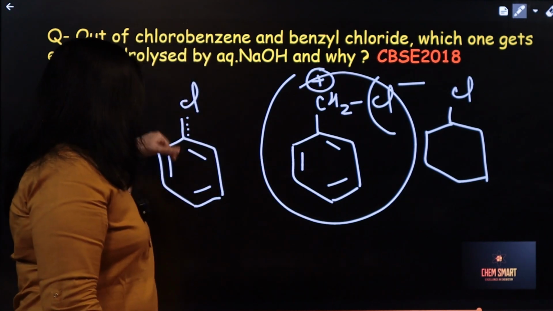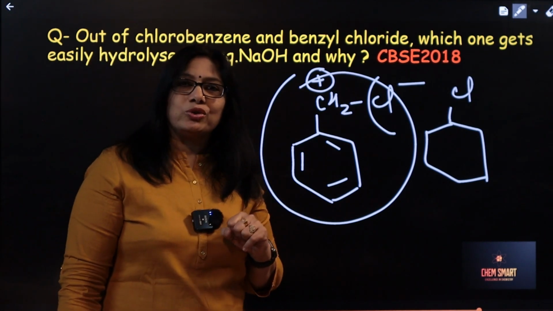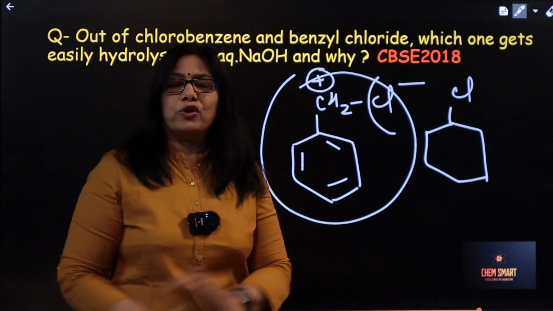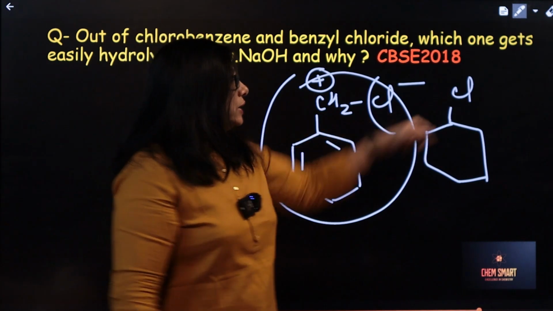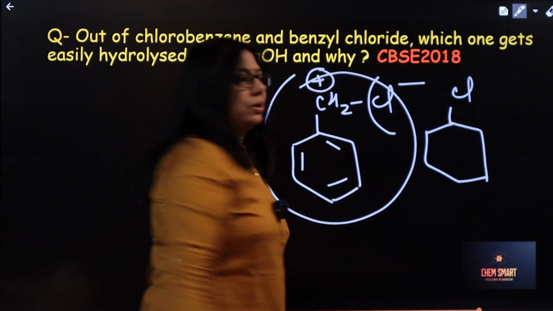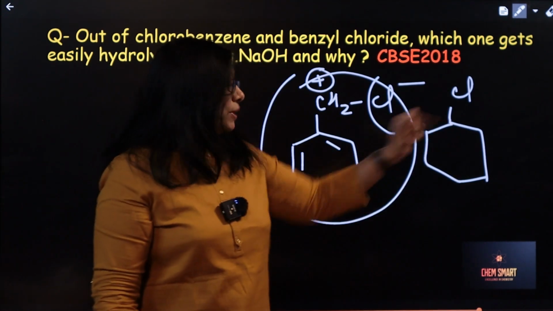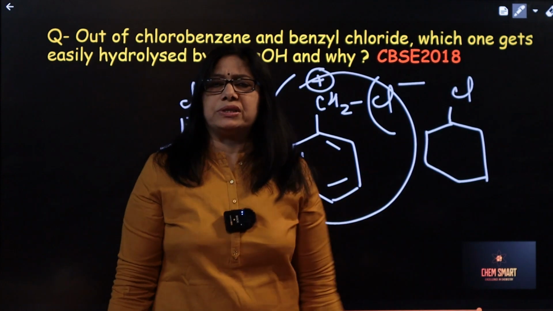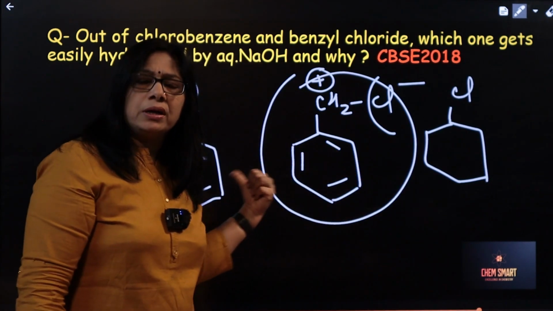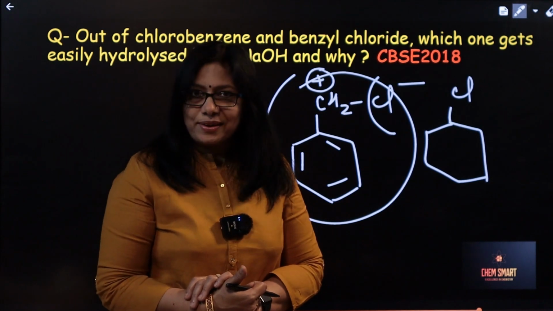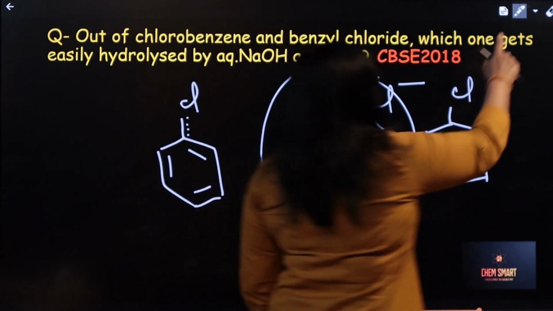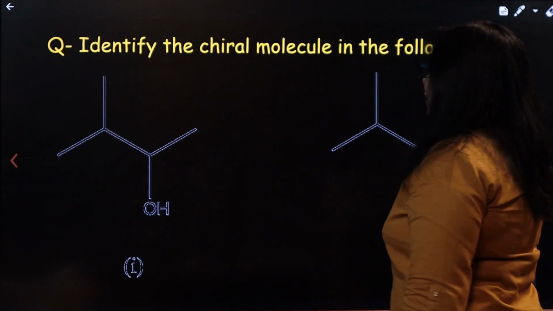Reason, partial double bond character of the C-Cl bond. So don't select that. It is difficult for haloarene to undergo nucleophilic substitution. Here, it is a true single bond between halogen and carbon of the ring. So it can be cleaved easily compared to haloarene, and that will undergo nucleophilic substitution more easily. Clear?